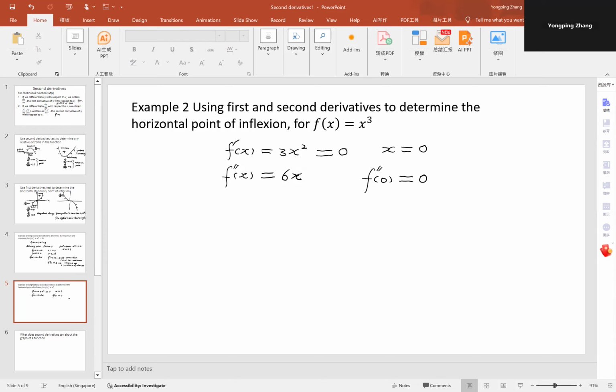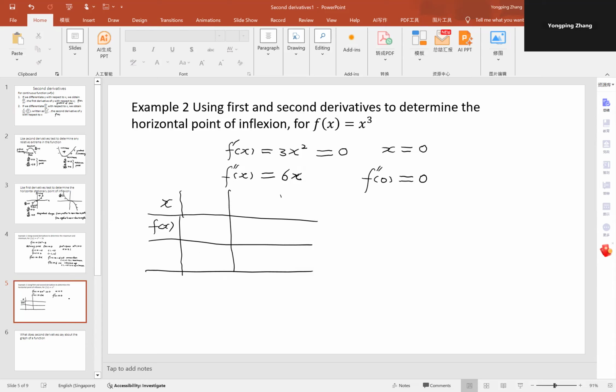So we can get the small table. f(x), x: 0, 0. This is minus 1, 1.